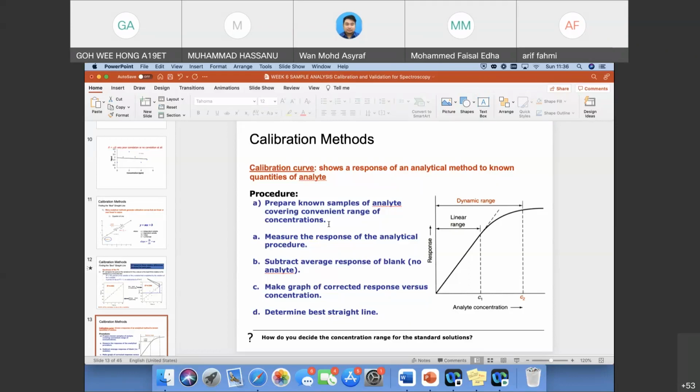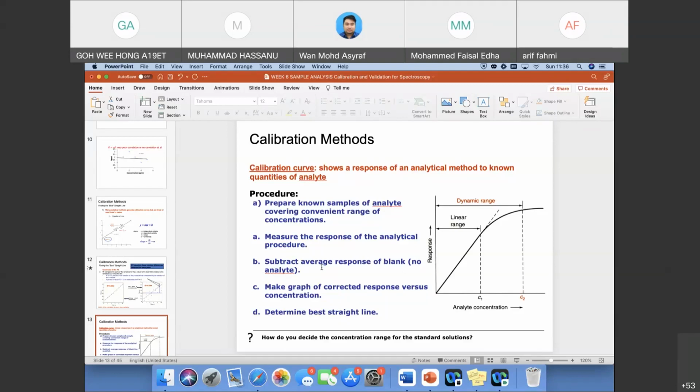As I have mentioned before, the blank is important for you to be able to get zero response from the analyte, because your blank would be free from analyte. Let's look here: subtract the average response of the blank, which has no analyte.